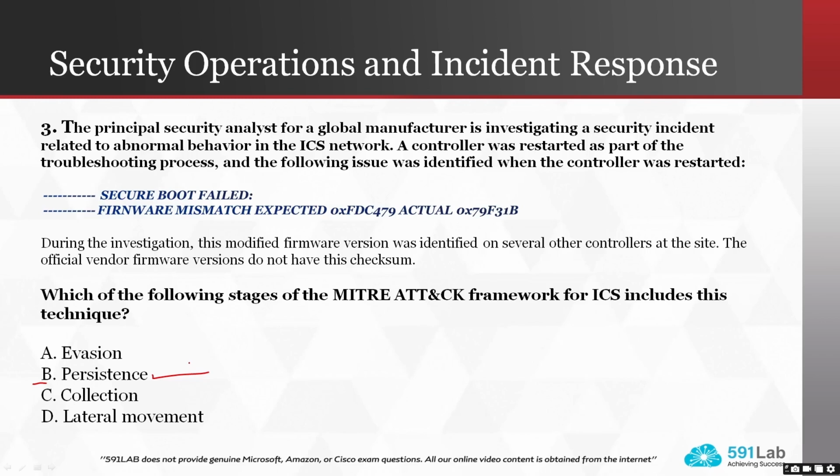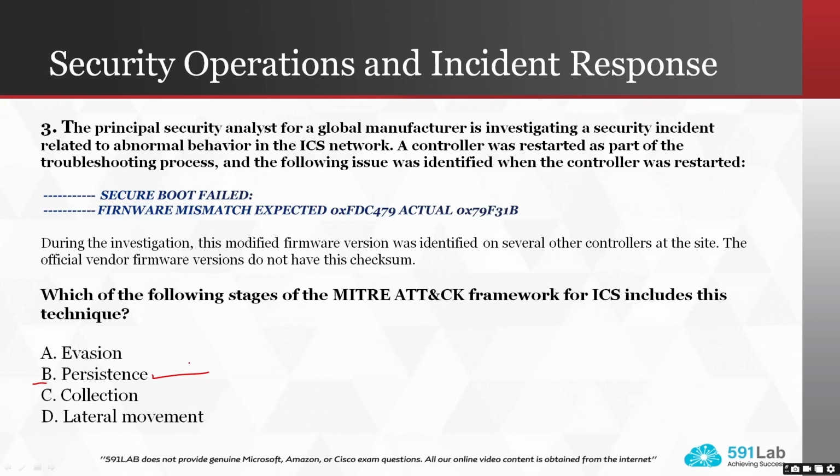This modified firmware could potentially help the attacker to install or reinstall itself or resist security measures. So persistence is the correct action taken during this stage.